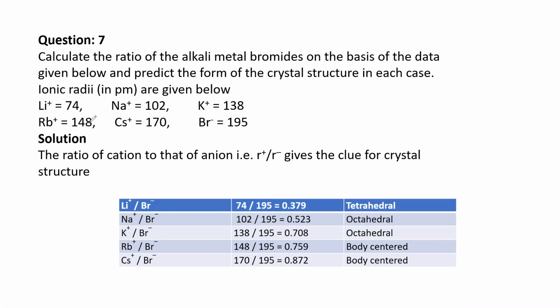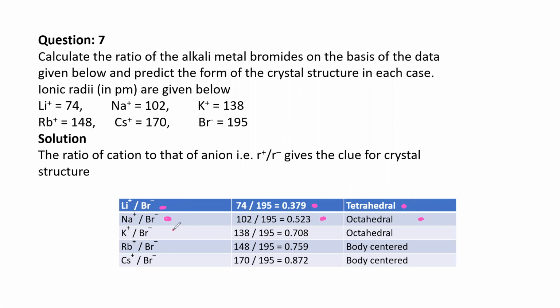So the ratio of cation to anion gives the clue for crystal structure. For lithium ion and bromine, the radius ratio is 74 by 195, which is around 0.3719, which shows it is tetrahedral. Next, sodium ion to bromine ion is around 0.523, so it is octahedral, since 0.414 to 0.723 is octahedral.